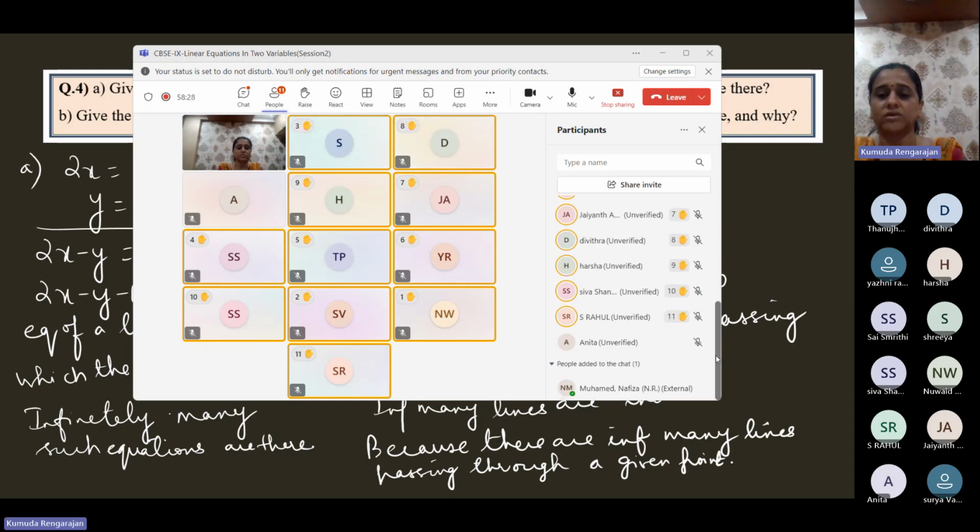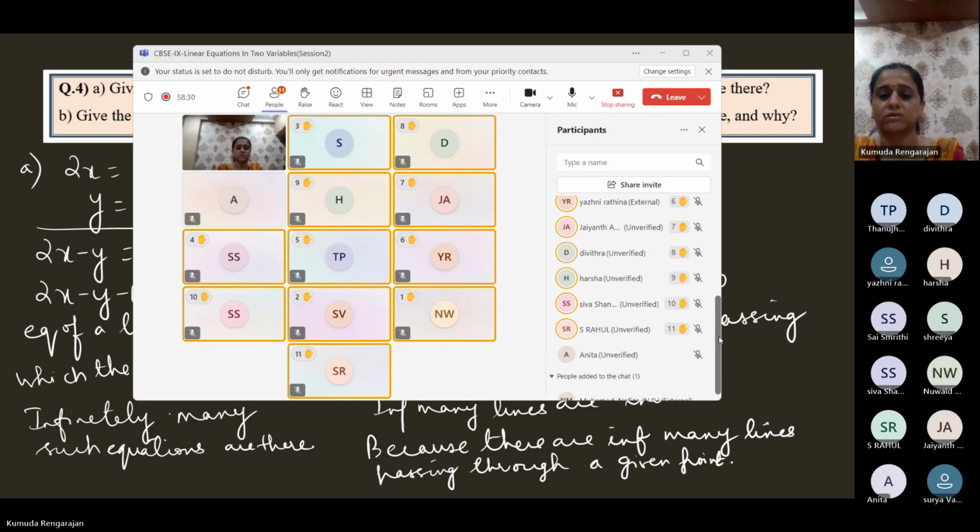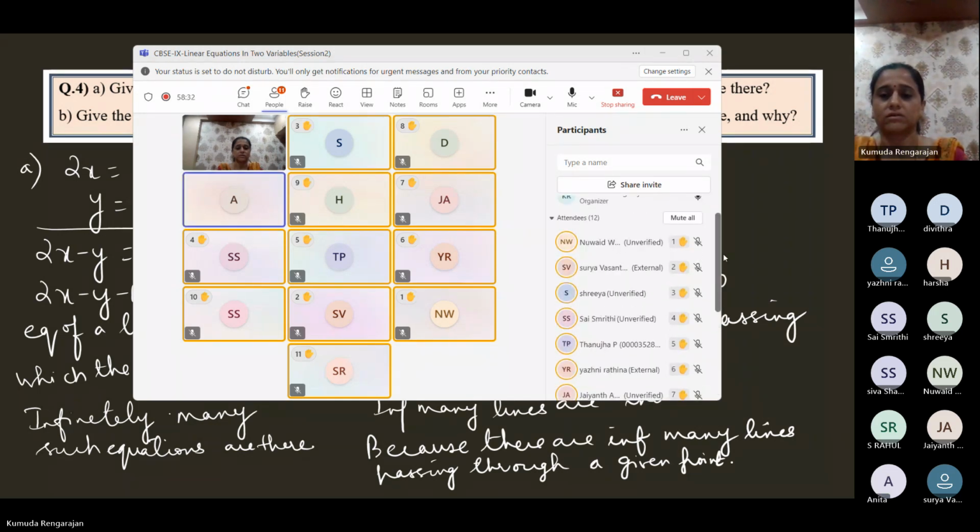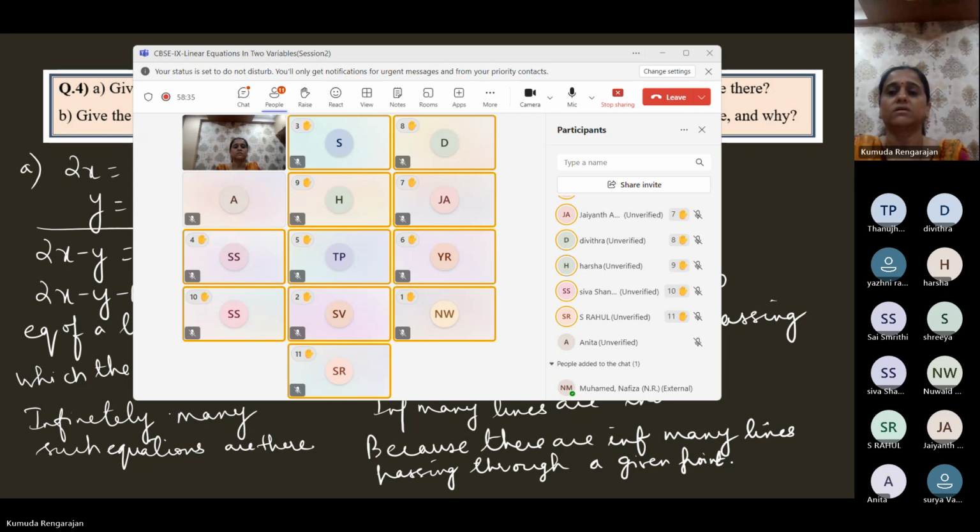Anita, you're unable to use the emoji, is it? Okay, no problem. All right.